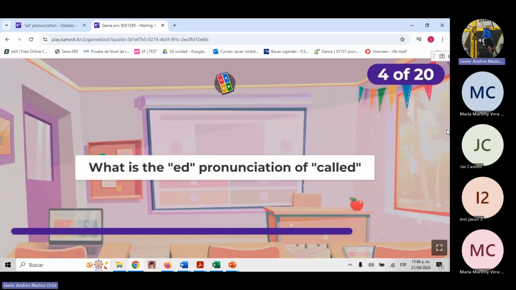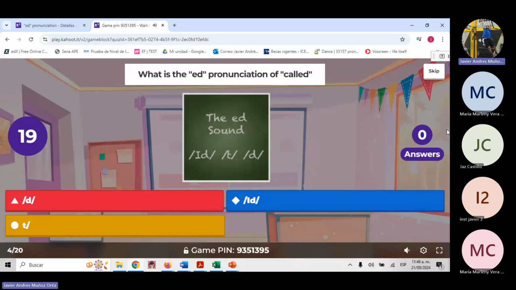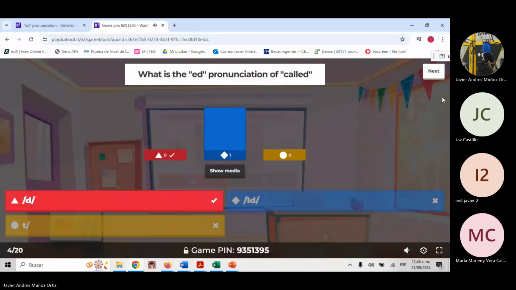Call, call, vibration. Ahí sí hay vibración. ¿Cómo será entonces? No podemos decir call-id porque hay vibración de inicial. Call. Recuerde que vamos a unificar vibración con vibración. Call, la letra L, el sonido de la última consonante, genera vibración. Lo vamos a relacionar con el sonido que también genera vibración.